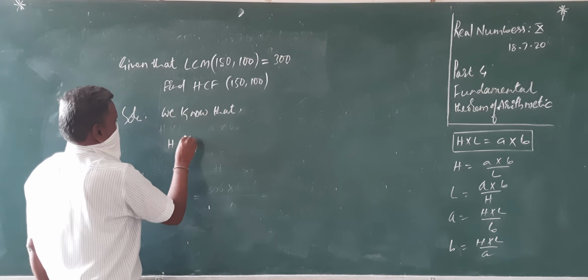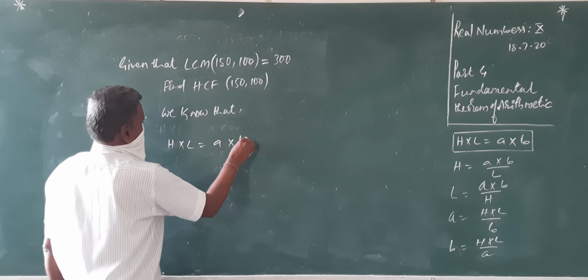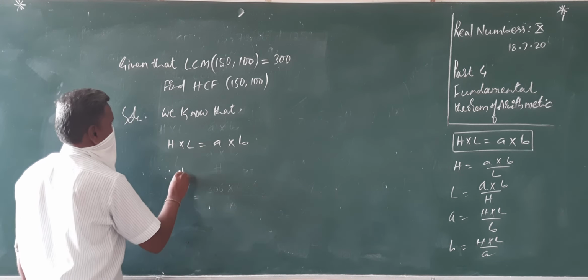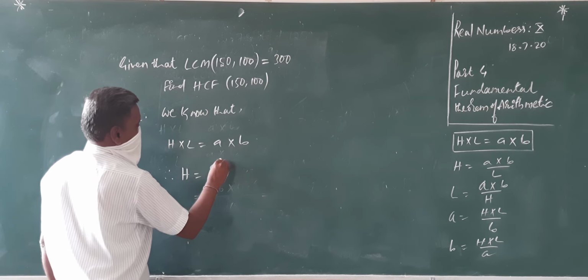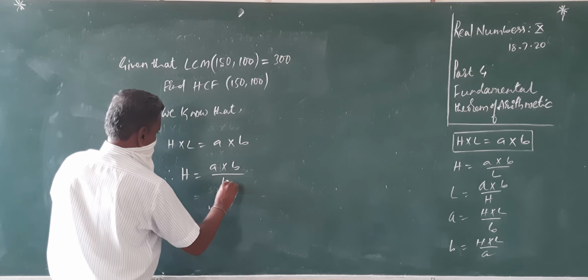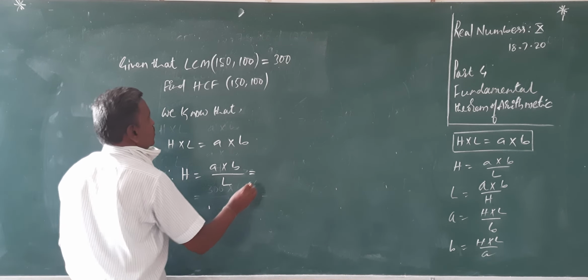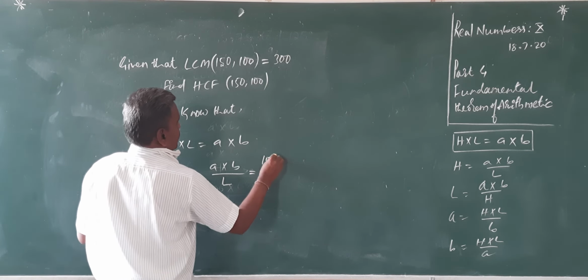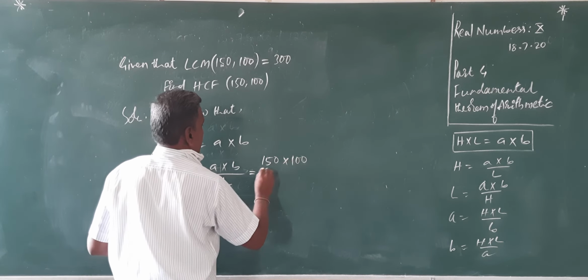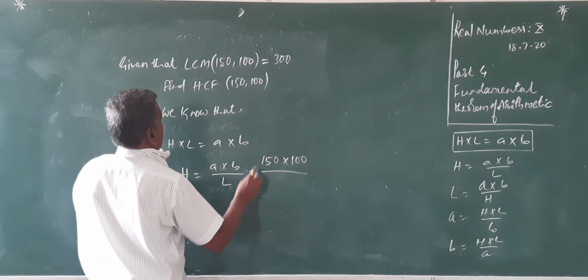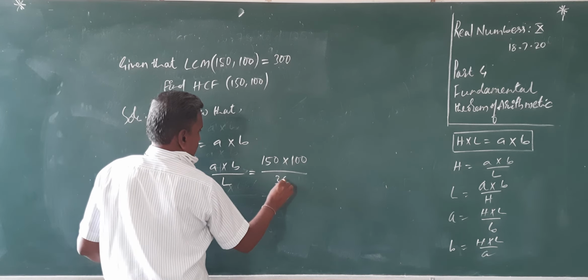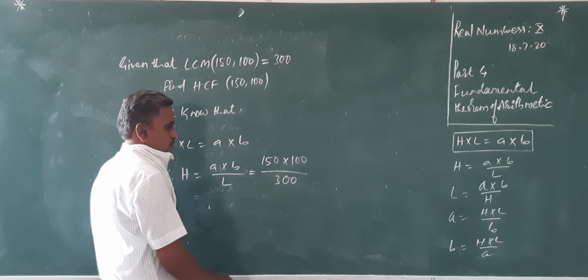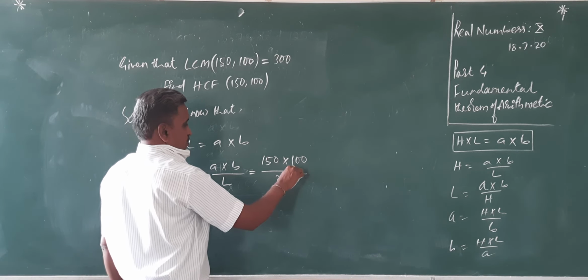H into L is equal to A into B. Therefore, H equals A into B divided by L, equals 150 into 100 divided by L, which is 300.